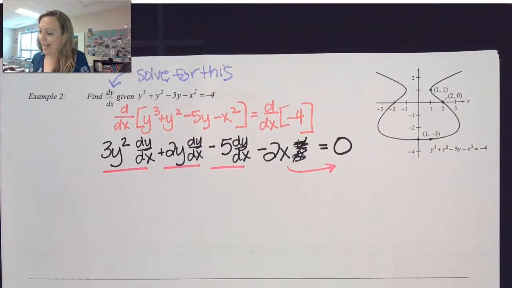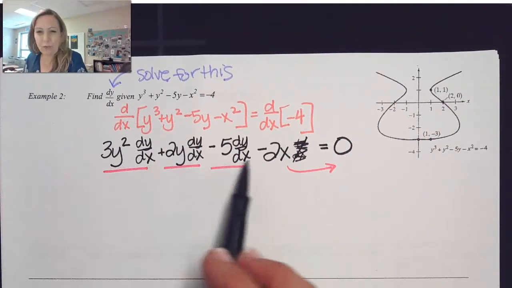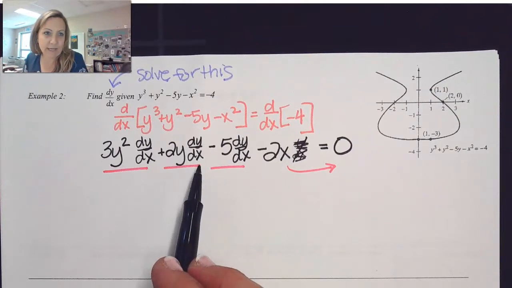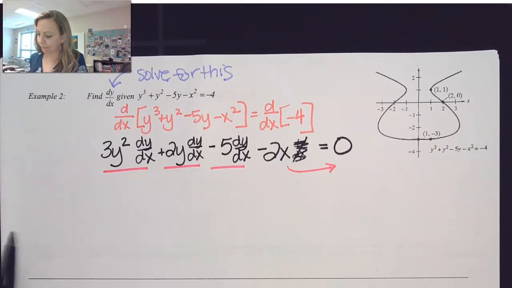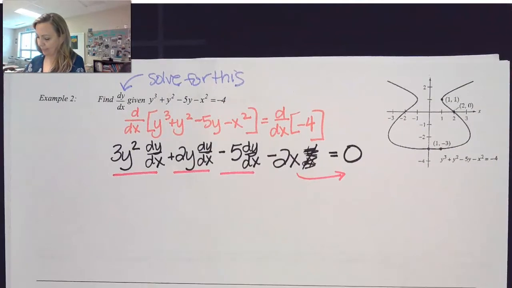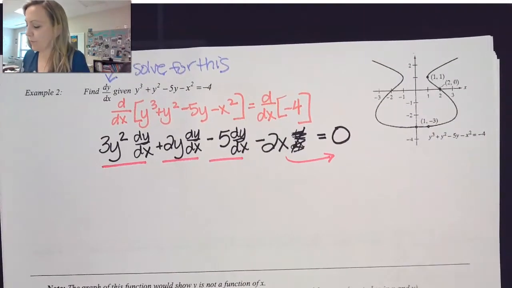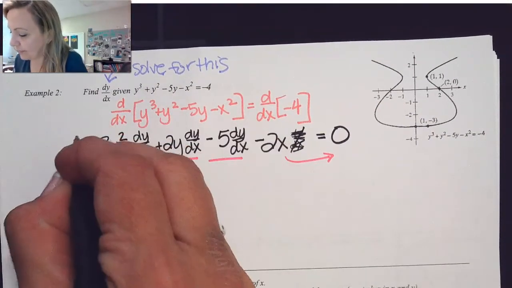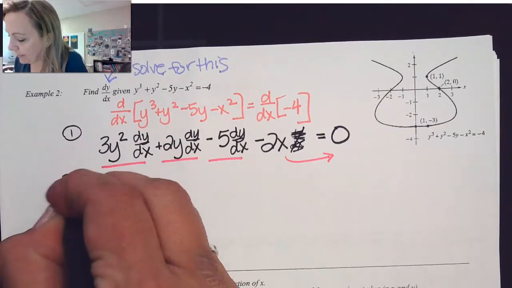And then maybe what we could do also, do you guys mind if I factor out the dy dx right away? What step was that? Or was that a separate step? No, okay. So this is our step one, is differentiate, okay? I'll keep it separate here.